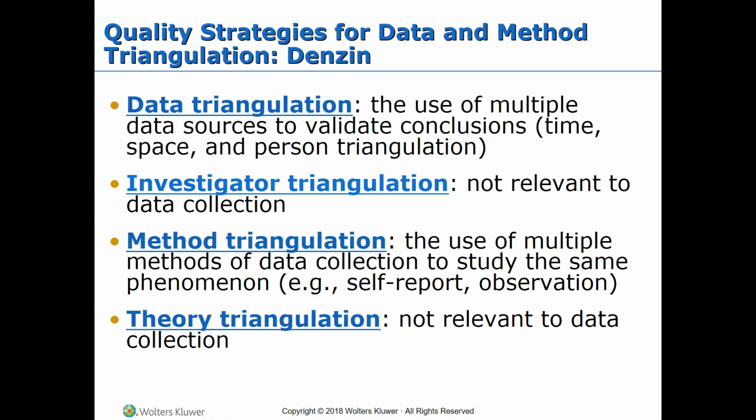And actually, what I described earlier about the data was actually data triangulation, I'm sorry, which is different types. Remember when I talked about taking photos and getting data from that and then talking to people? All of this is data triangulation. And then theory triangulation isn't relevant to data collection, but that's where you might look at the same data through different already existing theories.